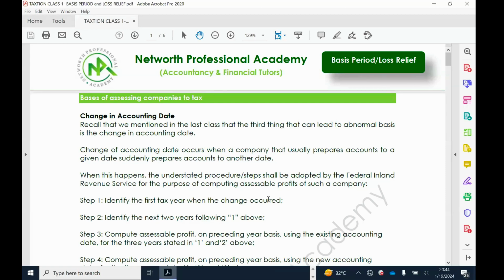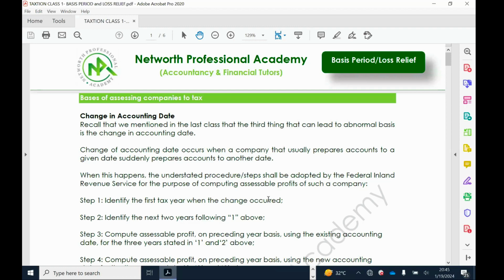For instance, I gave the example of a company that is commencing business in June and decides that their accounting year end will be 31st of December, which is the most popular accounting year end for companies in Nigeria, even all over the world. In that case, for the first year, their year of commencement, their accounting year will be less than 12 months because they're just commencing. So that first year will be an abnormal basis because it is less than 12 months.